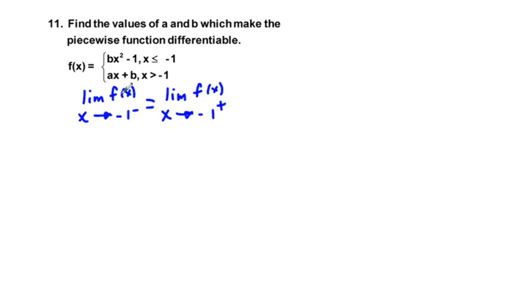And then we can just start writing this out. From the left side, we have bx squared minus 1. And the right side, we have ax plus b.